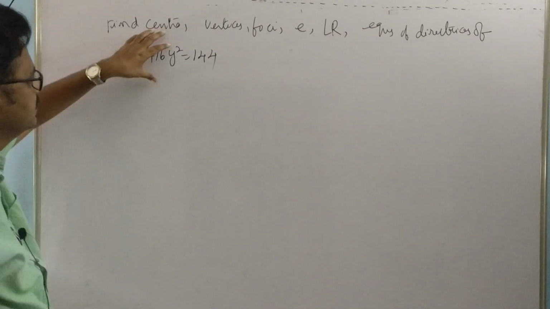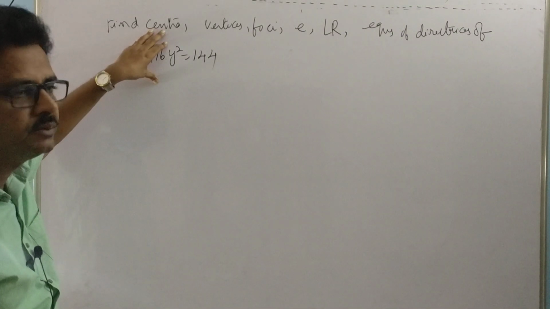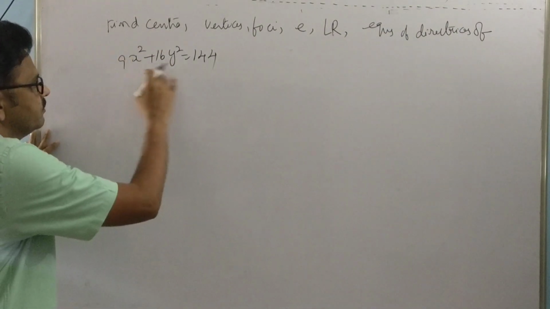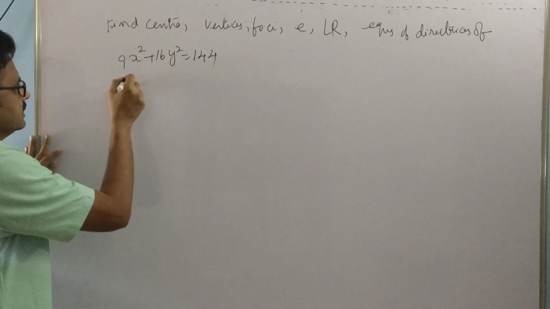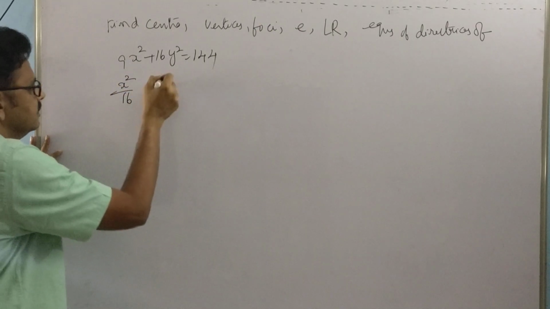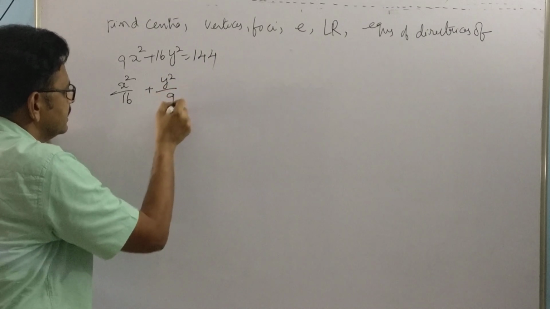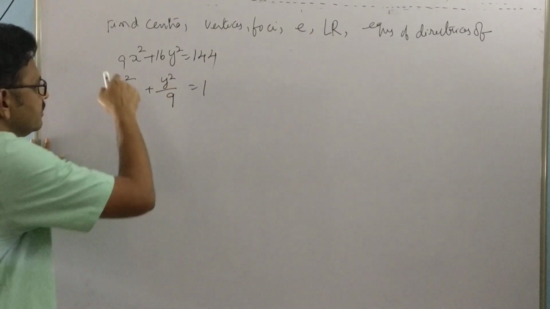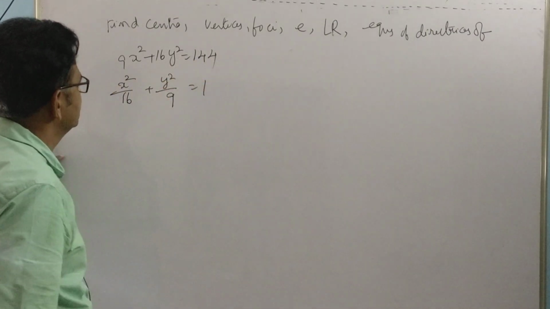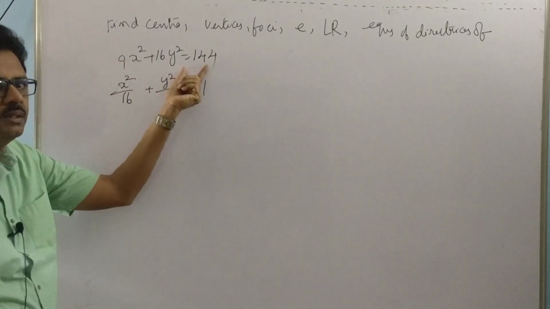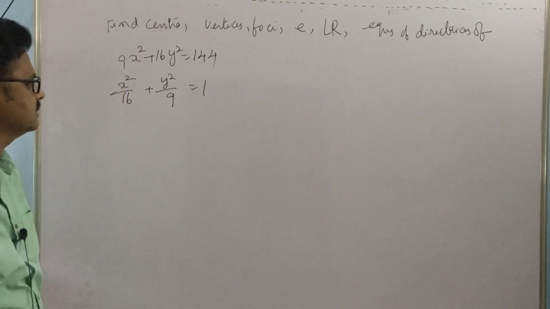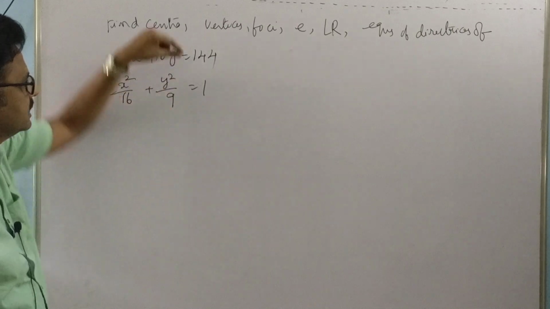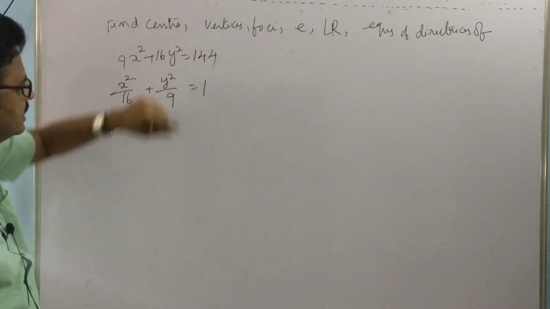See, this ellipse equation is reduced into standard form by dividing by 144: x square by 16 plus y square by 9 equal to 1. Dividing both sides by 144, 9x square by 144 is x square by 16, 16y square by 144 is y square by 9.